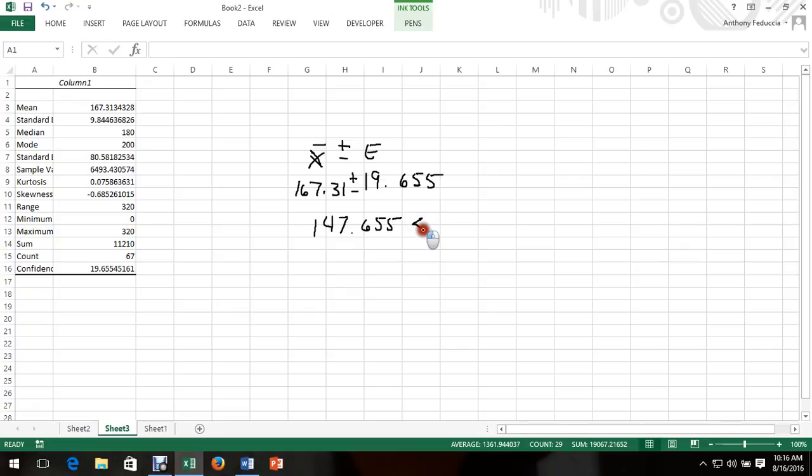We say that the population mean is going to be greater than that, but it's going to be less than 167.31 plus 19.655, which is 186.